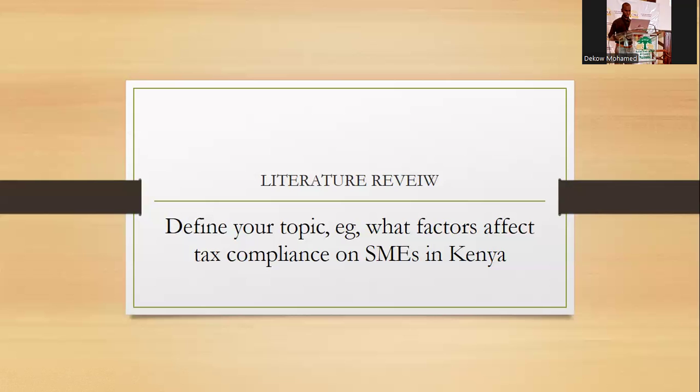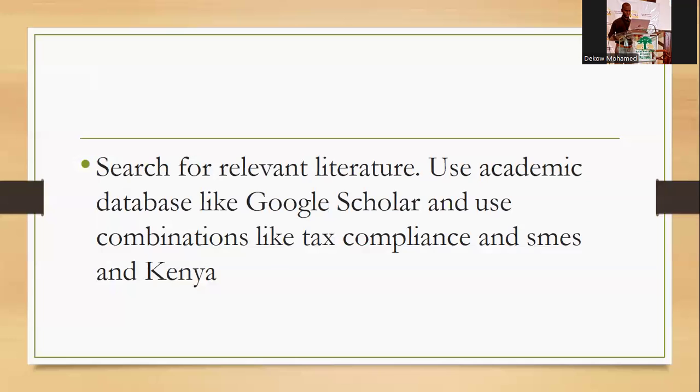Or you can also talk about what factors affect performance of employees, maybe in the national government. So there are several definitions of your topics. Before you do your research, you have to define your topics. In that sense, you talk about what are the factors affecting the tax compliance.